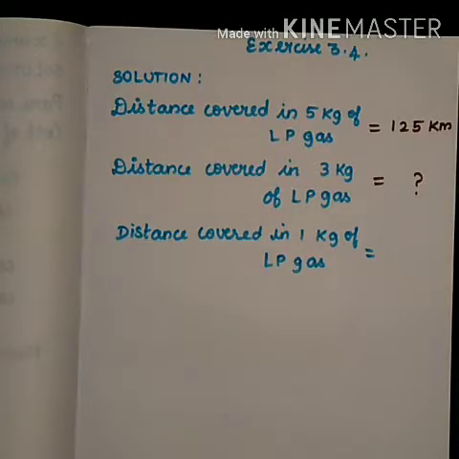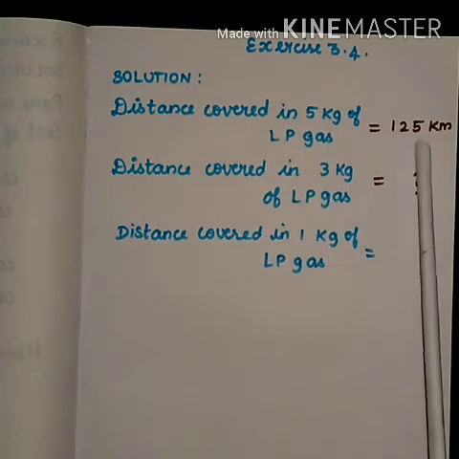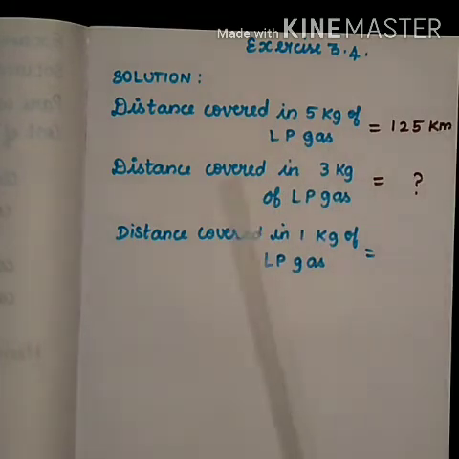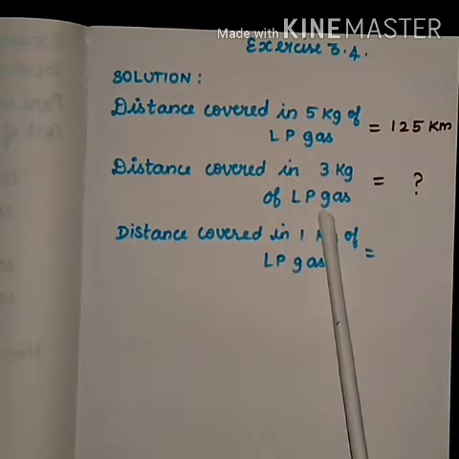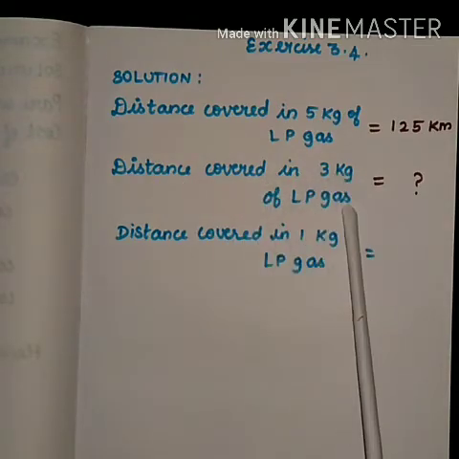Here the given question is the distance covered in 5 kg of LP gas is 125 km. You have to find the distance covered in 3 kg of LP gas.